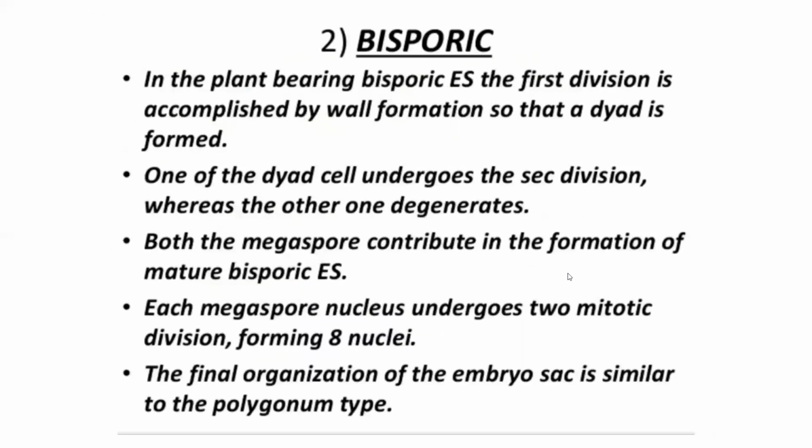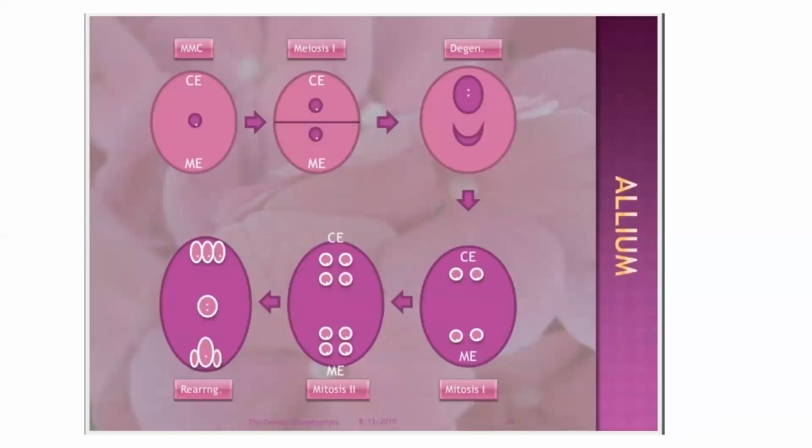So in this 4, almost 3 are antipodals, and of the other, 2 are synergids, 1 egg cell, and the remaining 2 free polar nuclei fuse together to give rise to a secondary nucleus. So this is the Allium type.